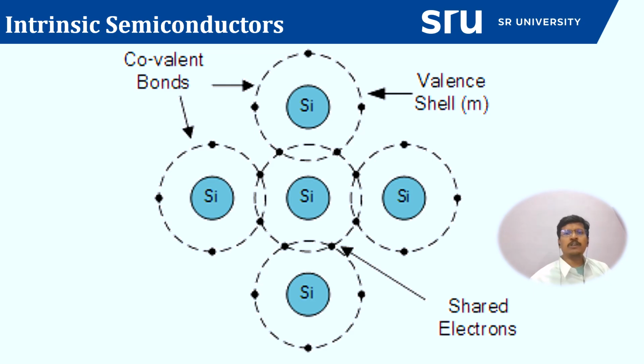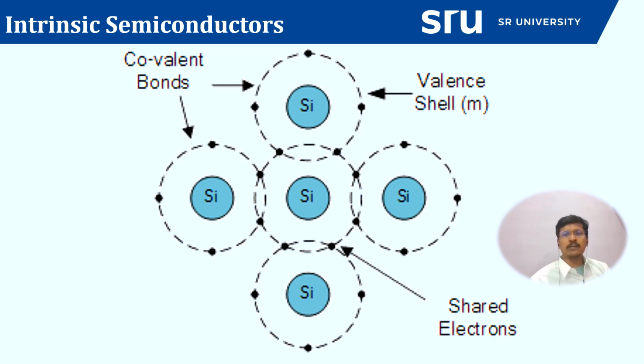At absolute zero temperature, all electrons remain tightly bound in these covalent bonds. Consequently, there are no free charge carriers available for conduction. That's why intrinsic silicon behaves like an insulator at absolute 0 Kelvin.